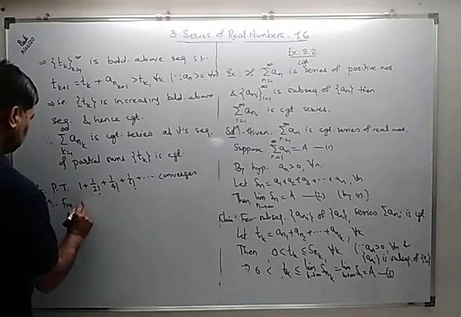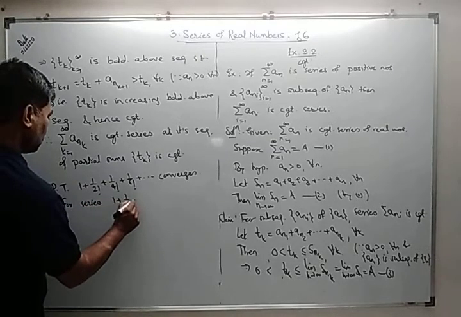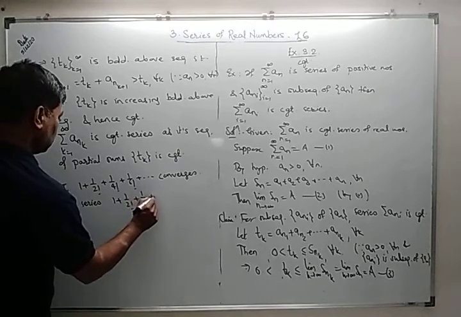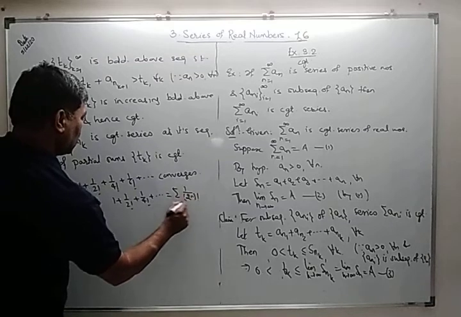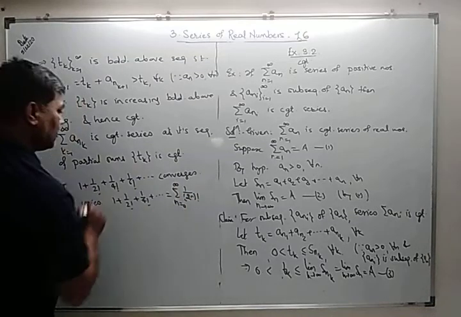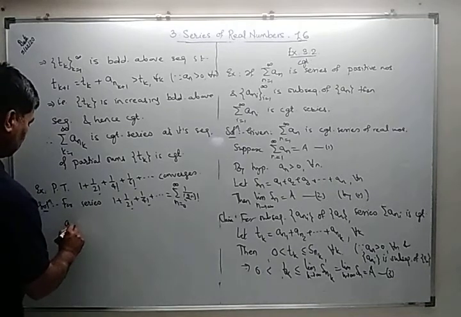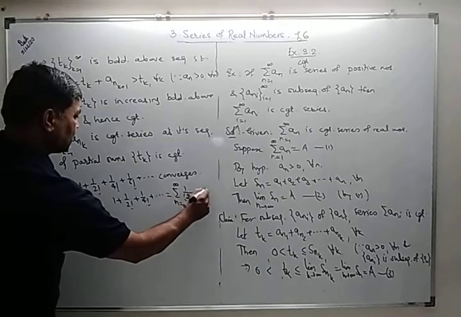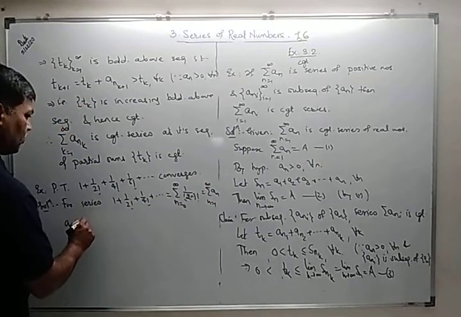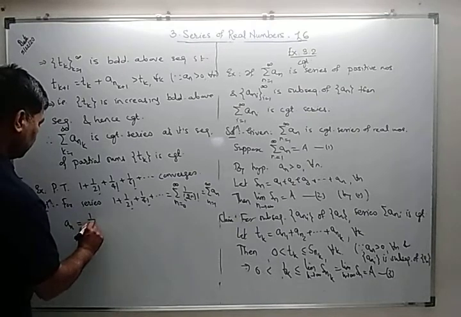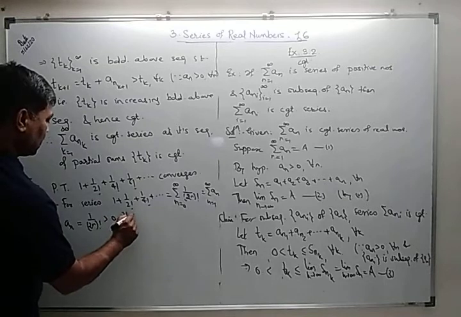For the series 1 plus 1 upon 2 factorial plus 1 upon 4 factorial plus so on, which is summation of 1 upon (2n) factorial, n equal to 0 to infinity, if I denote this by summation of a_n, then a_n is equal to 1 upon (2n) factorial, which is greater than 0 for every n greater than or equal to 0.